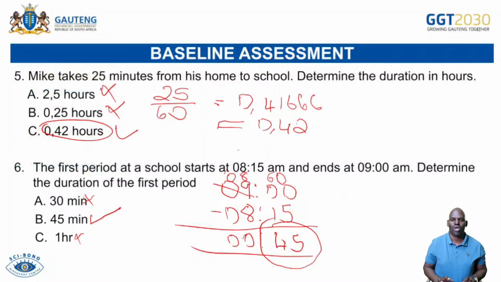So from this one, you can see if you actually know a lot about conversion or you don't know a lot. So if from these questions you could not get some of them correct, it simply means you'll have to do a lot of revision in order for you to be knowledgeable in this section.